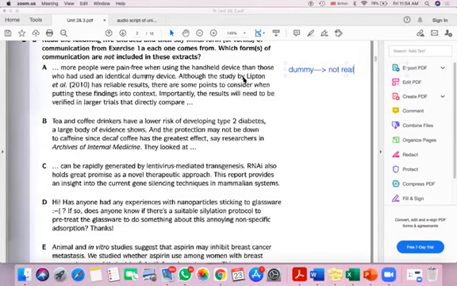Also, the study by Lipton et al. What is the meaning of et al? Et al is Latin, all right? That means and others, all right? When we have a writer for a book, like for example, Lipton and William and for example, John, instead of saying this study is written by Lipton, William, and John, we say Lipton and others, Lipton et al.